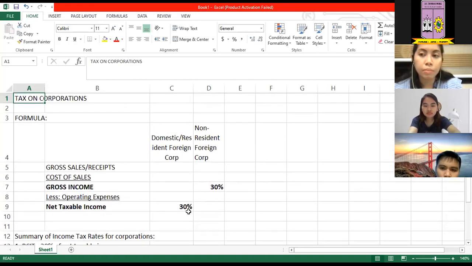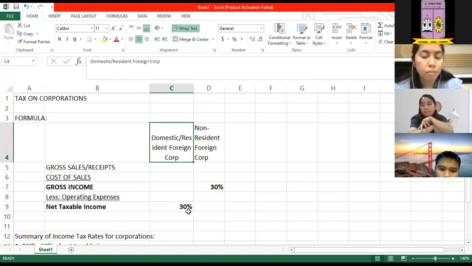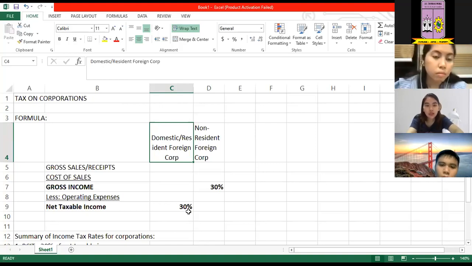So, let's start with Section 27, rates of income tax on domestic corporations. Alam nyo, yung domestic corporations, pag-usapan muna natin yung situs of taxation here. Kasi yung situs na pinag-usapan natin last time is about individual taxpayers. So, eto for corporations, ano ba yung situs of taxation? Yung domestic corporation, it is like a resident citizen.